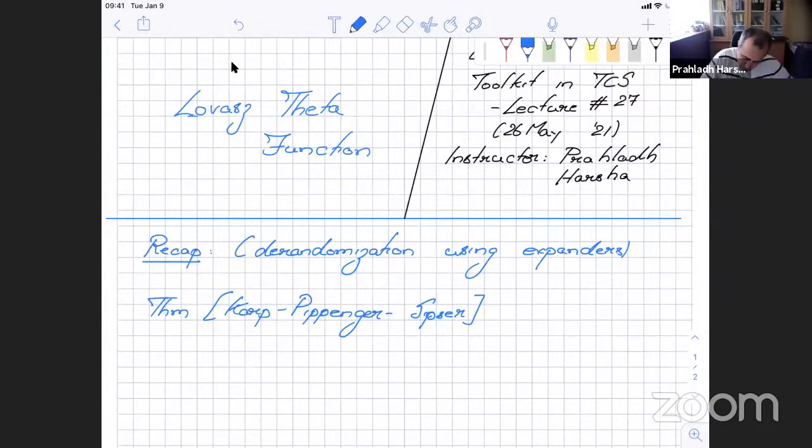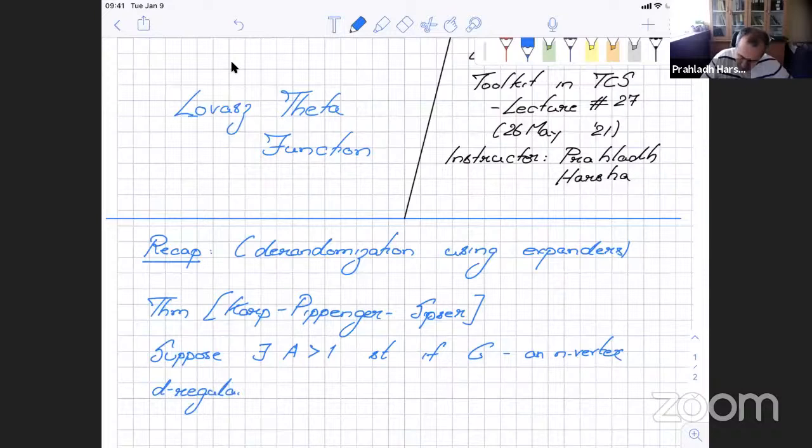Suppose there exists a greater than 1 such that if G, an n vertex d-regular graph, is an n by 2a expander, a vertex expander, that is, all sets of size at most n by 2a expand by at least a factor a.